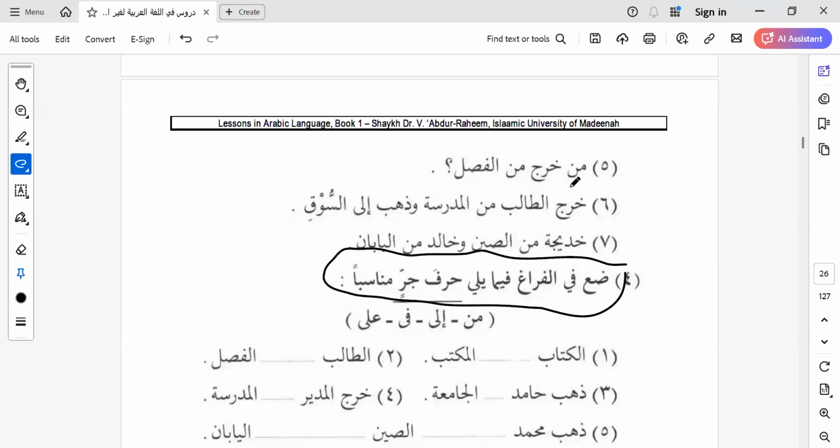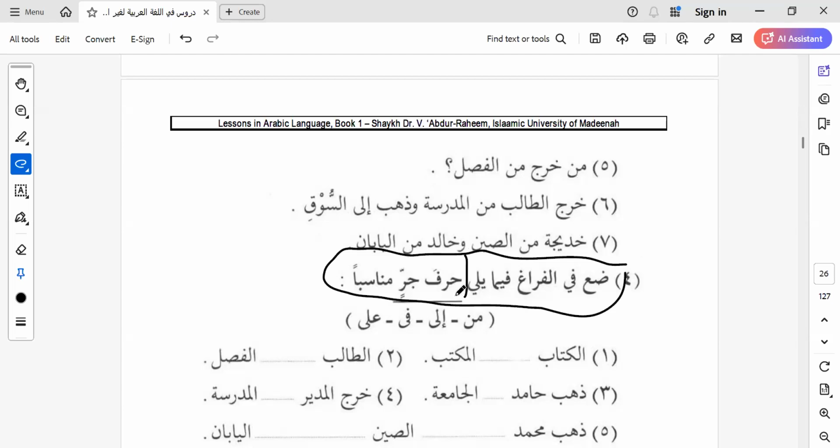Let's try. Harf, basically you can take it from حرف جر.